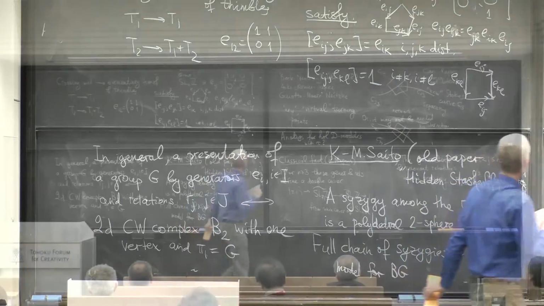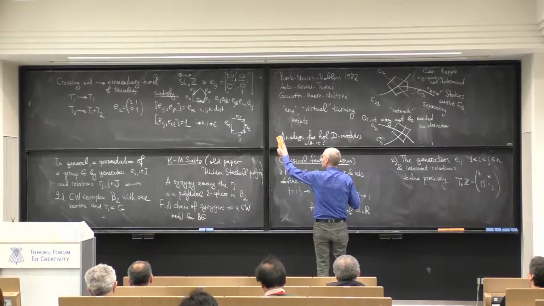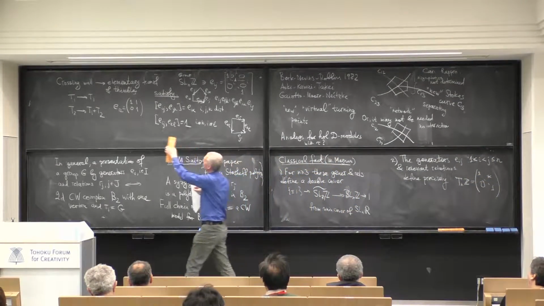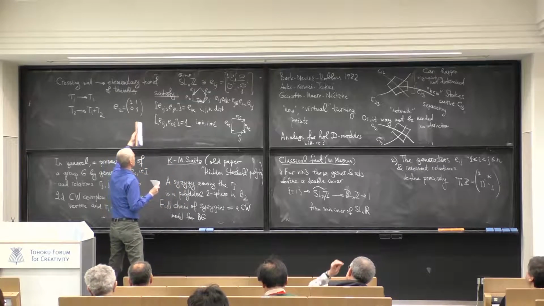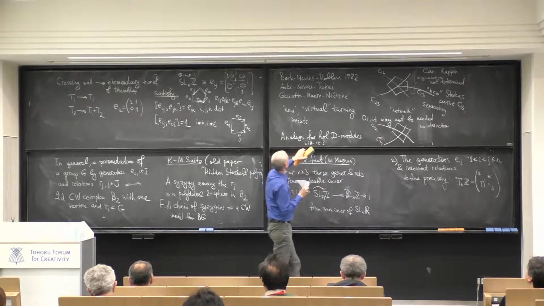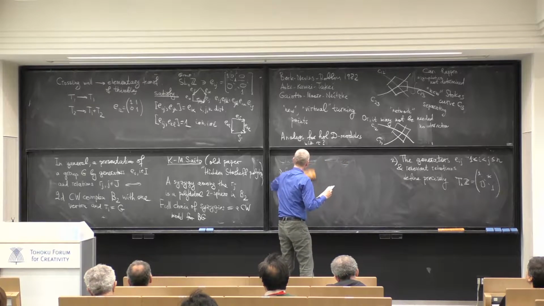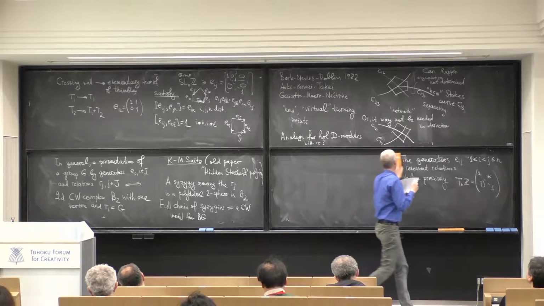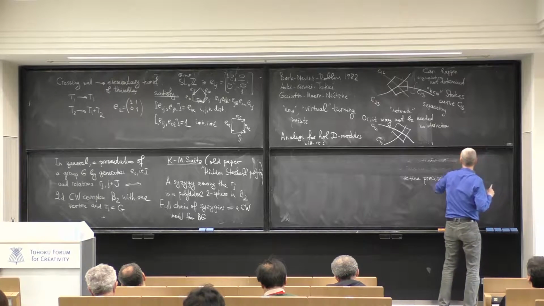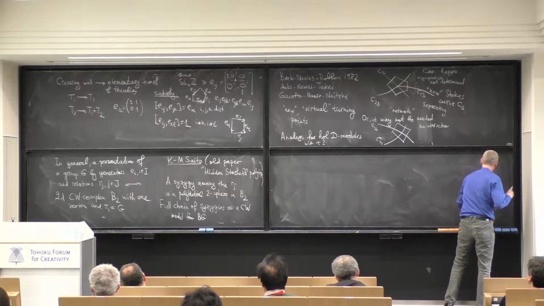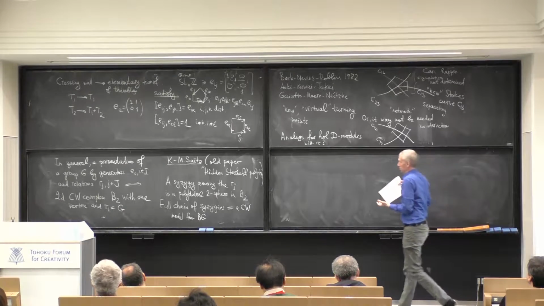And now, since crossing such a wall corresponds to elementary transformations, this is a general phenomenon about Morse functions on a manifold, real Morse functions, not necessarily on a complex manifold.